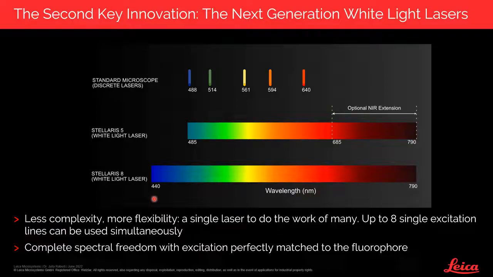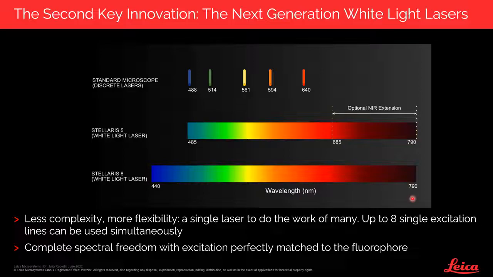And in the case of the Stellaris 8, we can go even from 440 nanometer excitation up to 790 nanometers. This means that you can perfectly match the excitation to the fluorophore or fluorophores that you want to use.